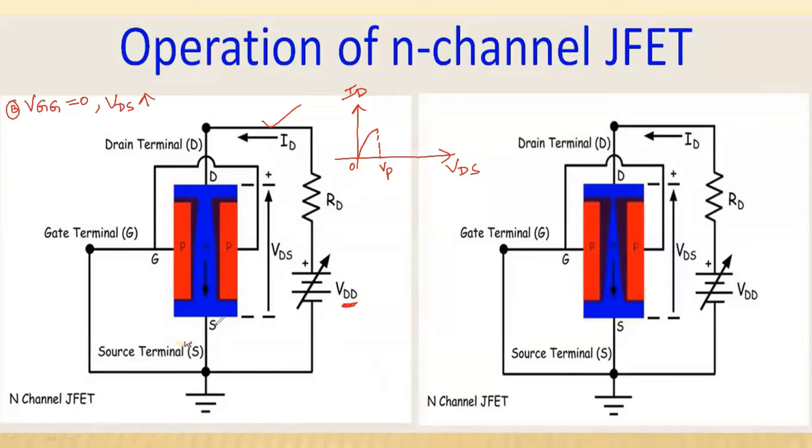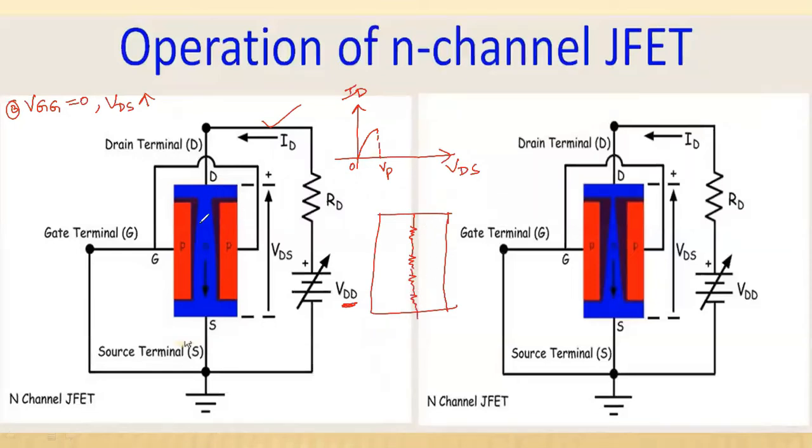Now see, as the current increases in the channel, there will be resistance in the channel. Every material has some internal resistance. Similarly, this channel region also has some internal resistance. Let me draw it here once. Say, for example, this internal resistance is divided into 4 parts.